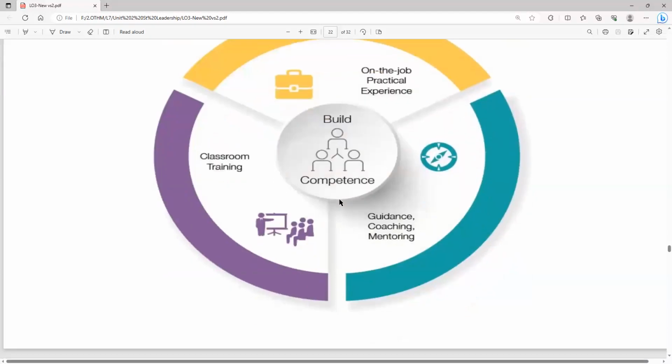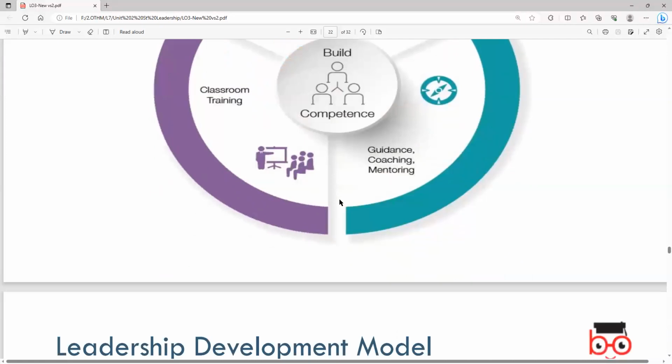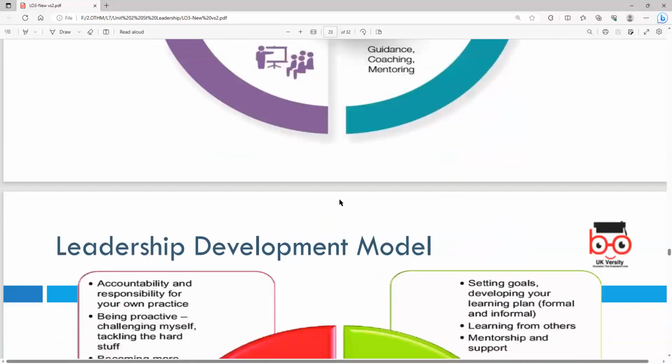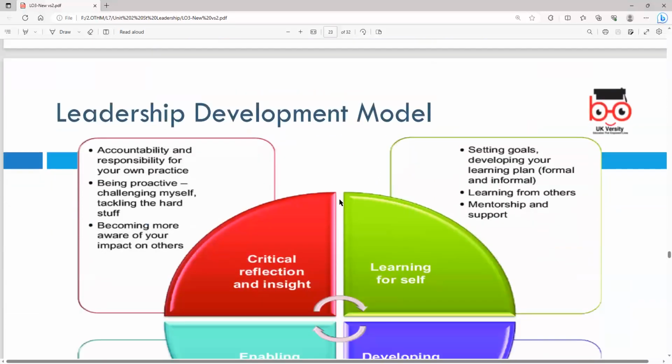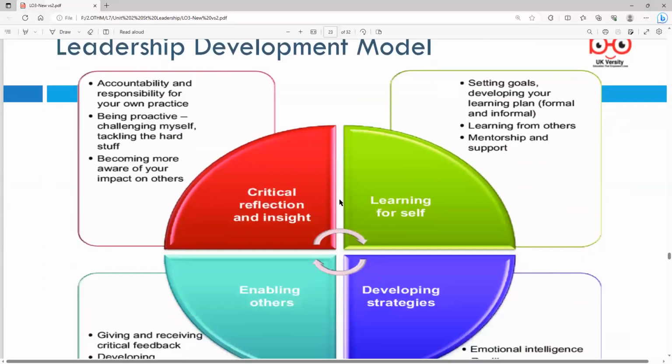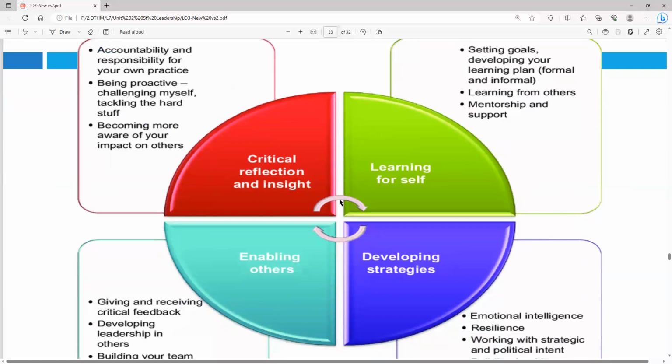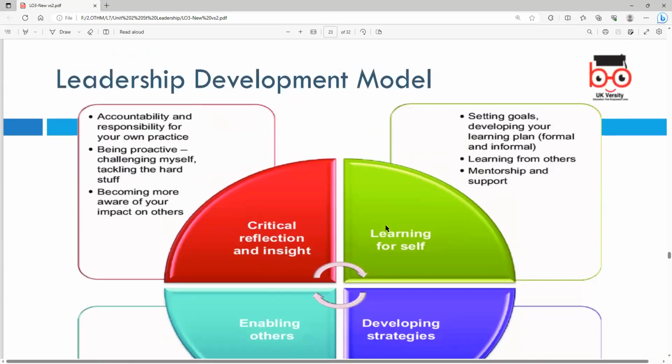It is looking at how good you can become as a leader, and how effective you can be as a leader. Okay, you can use a leadership development model in terms of learning for self, which means that you can develop yourself by setting goals for your development, for your mentoring, for your supporting.